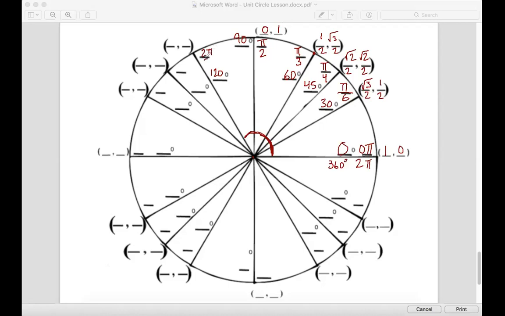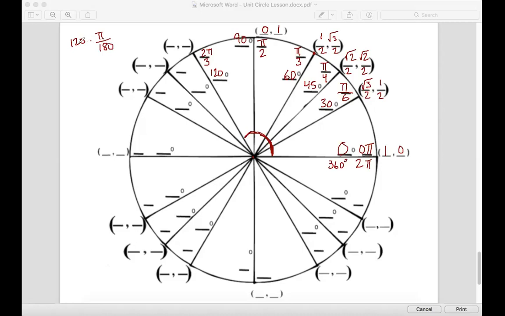And again, I think perhaps the best way to do this is just to do a little sidebar. I've always thought it's easier to think in terms of degrees. So I have 120 degrees times, I know that pi is equivalent to 180 because that's halfway around the circle. And then I simplify.